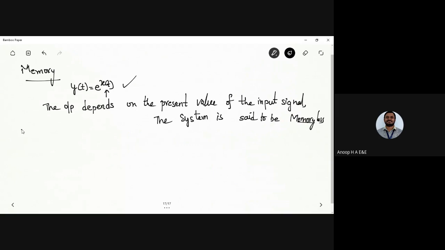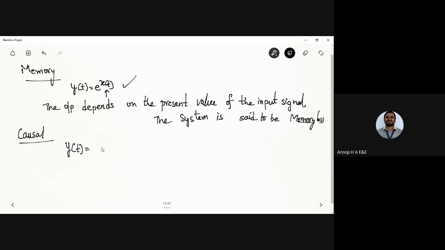Next, move on to causality of the system. The output doesn't depend on future values. What did we define for causality? We define it for a present value or a previous value, or a combination of both.